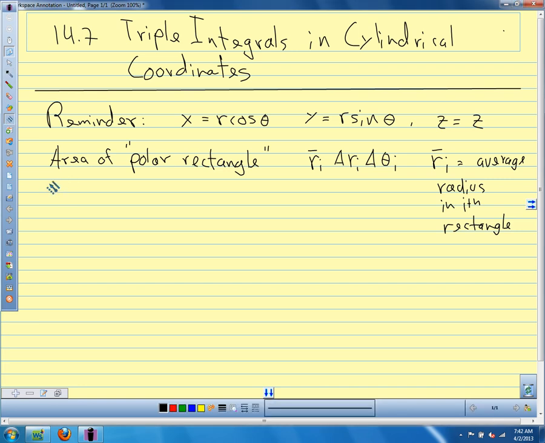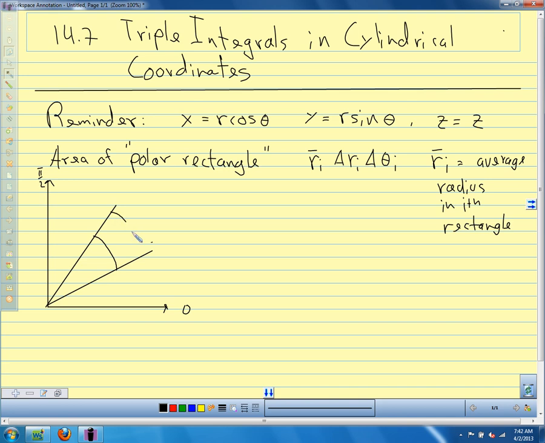So just sketching a quick picture as a reminder, if we're in the xy plane or in r theta, we want to think about it in polar coordinates. We said we had our little radii, and we approximated the area of this little rectangle.